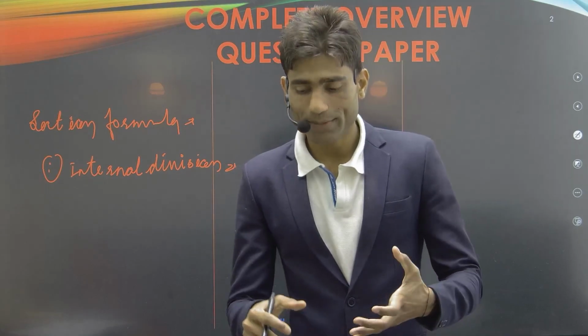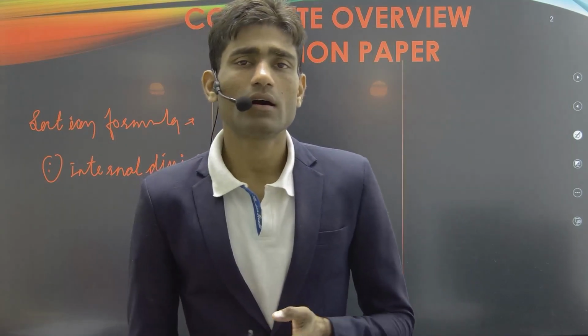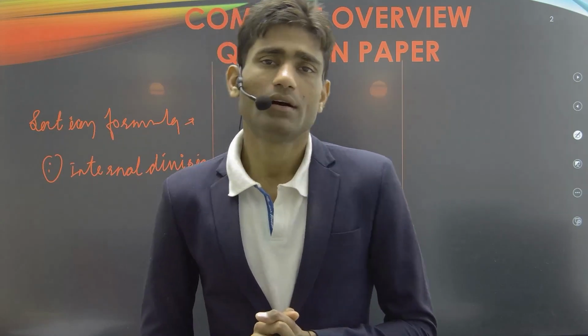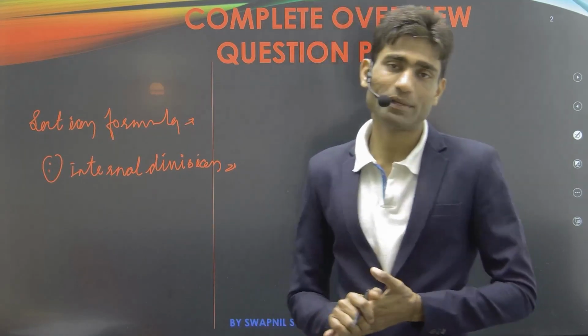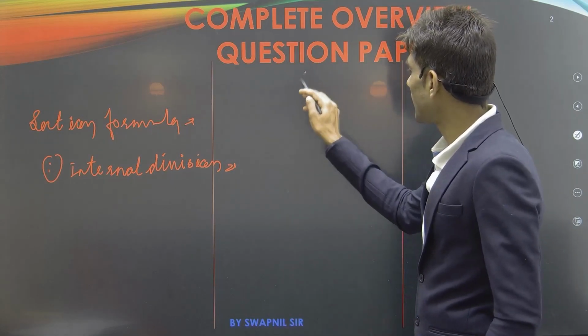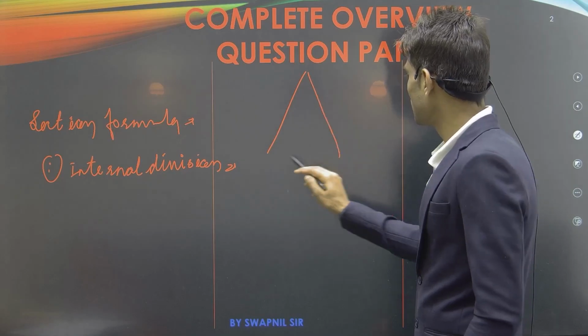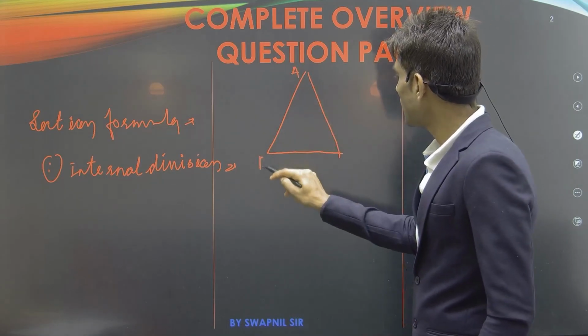Whenever a triangle or any line segment gets divided by another segment internally, we say that the section formula for internal division is applicable there. Let me explain with an example.